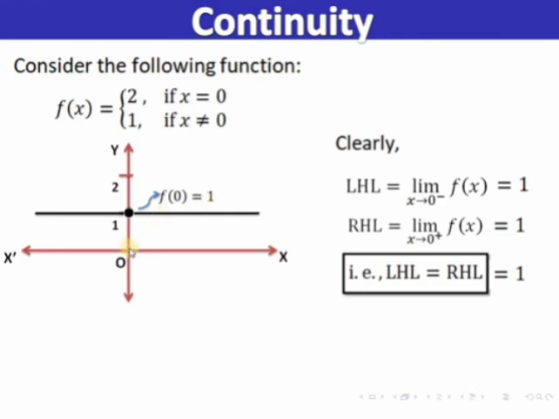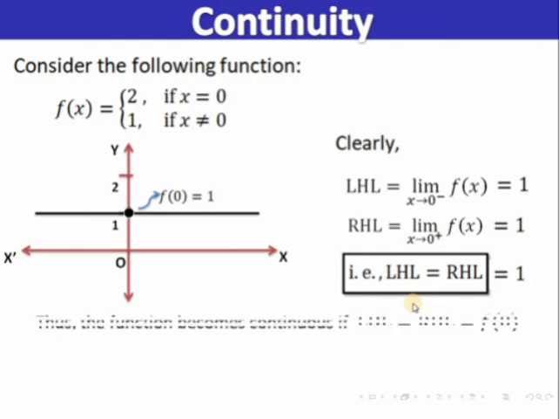At 0 the value of function is 1, isn't it? Now will this be a continuous function? Yes, because now you will be able to draw the diagram without lifting your pen. Okay, now see here carefully. In this case also we have got left hand limit and right hand limit, both equal to 1. And here we see that the functional value is also 1.